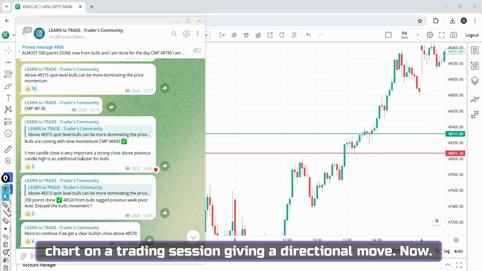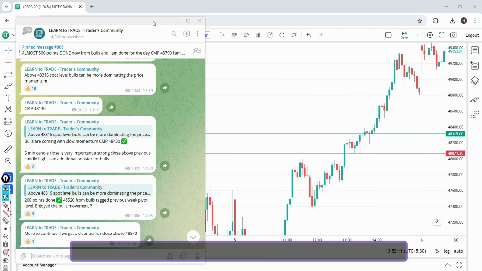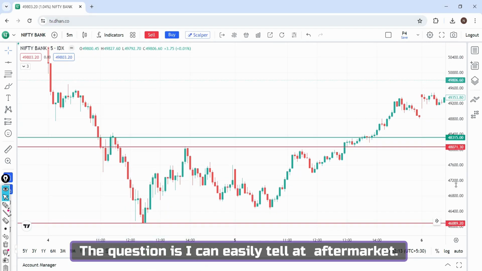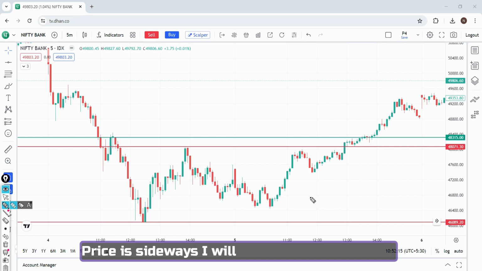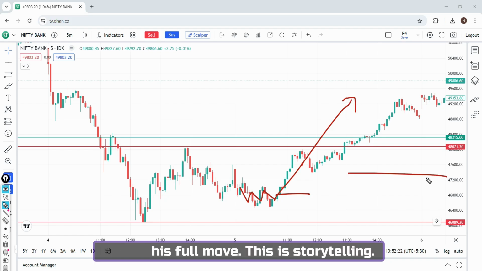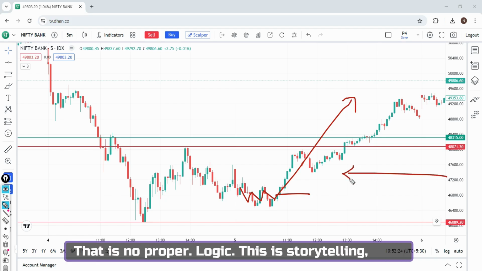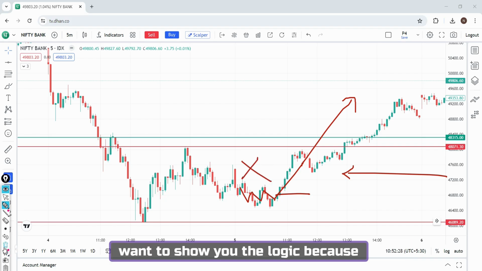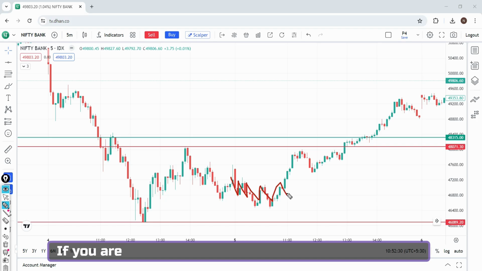Where price is giving a directional move, now the question is, I can easily tell you after the market, sir, price is sideways here, trying to move up here, I will be buying it and I will be riding this full move. This is storytelling. There is no proper logic. I want to show you the logic, because if you are a professional trader, every move cannot be captured.